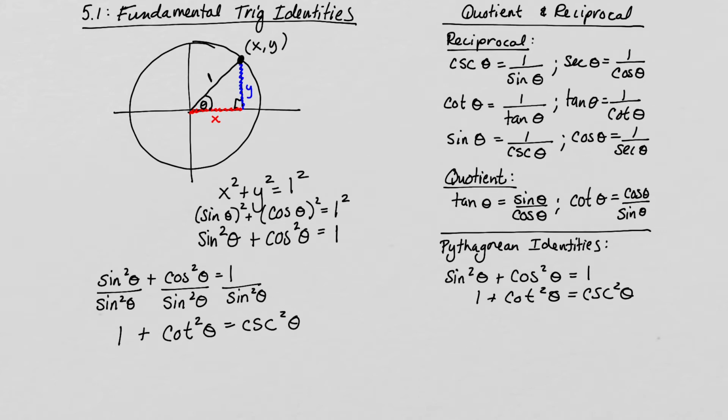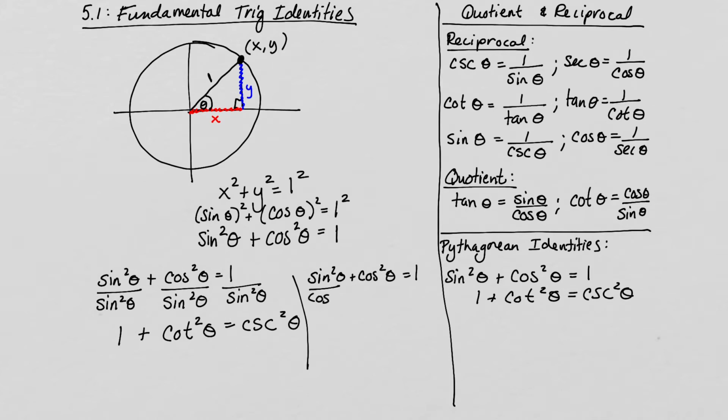The third one is done the exact same way, but this time, I think I can fit it in here. I'm going to box this off so I don't run into it. If I start this time with sine squared theta plus cosine squared theta equals 1, and this time I divide everything by cosine squared theta.